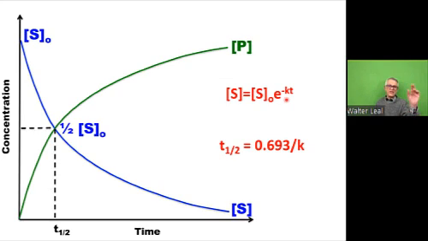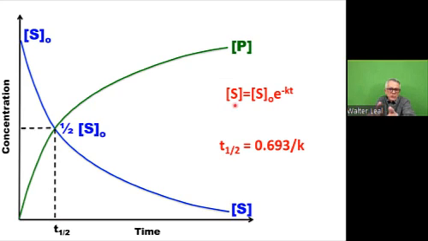If k is given as second to the power of minus 1, then the time is going to be in seconds. If k is given in minutes to the power of negative 1, that means the time has to be also in minutes. So we have to synchronize so that we have the same unit there.